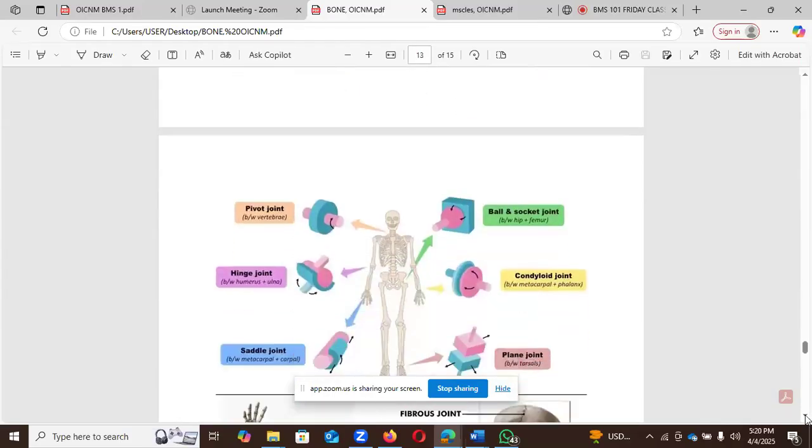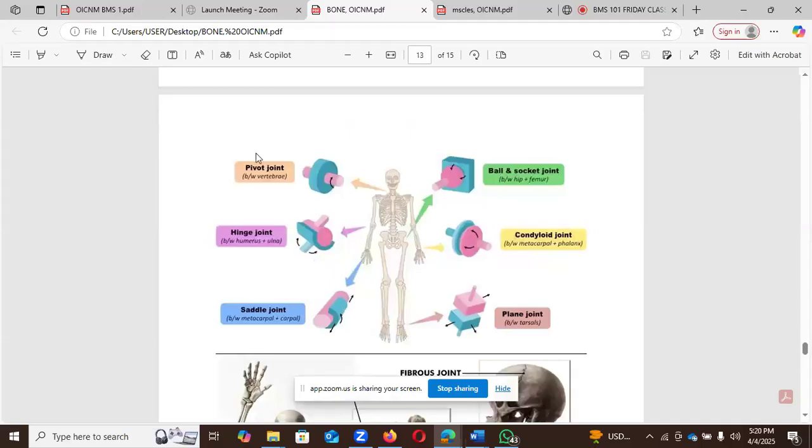Look at it here, and look at where you can find them. The pivot joint is this, and you can find it in the neck. This is the hinge joint. You can find it in the elbow.